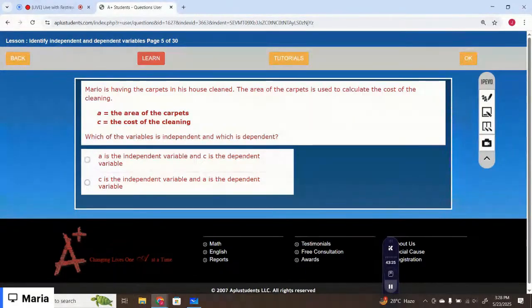So the cost of cleaning is dependent on the area of the carpet. A is the independent variable and C is the dependent variable.